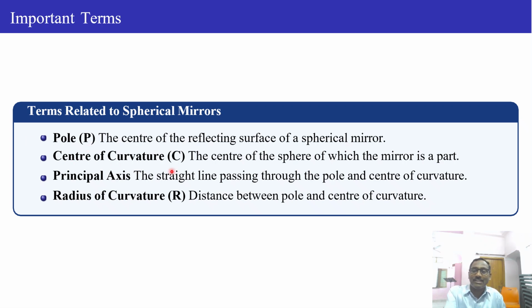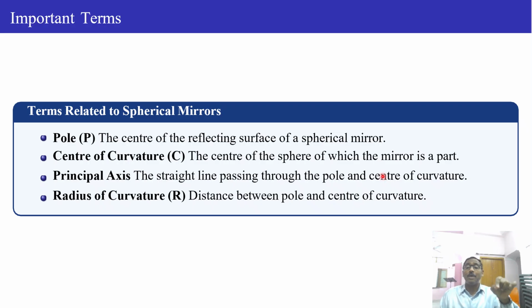Center of curvature: the center of the sphere of which the mirror is a part. So center of curvature means C, the center of the sphere.